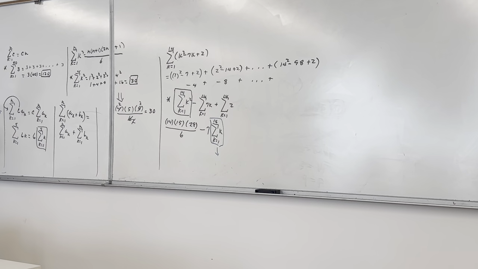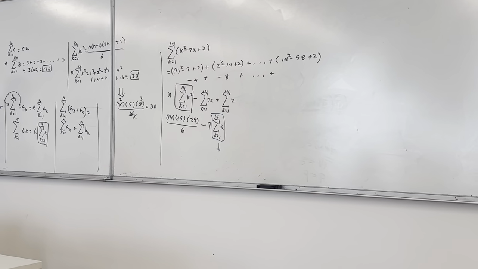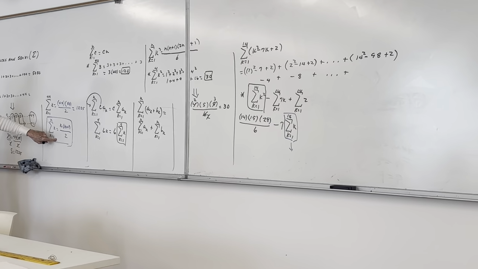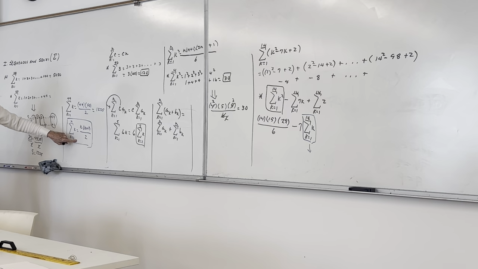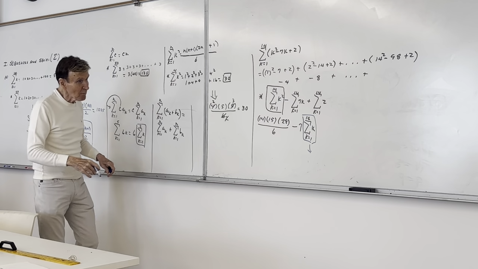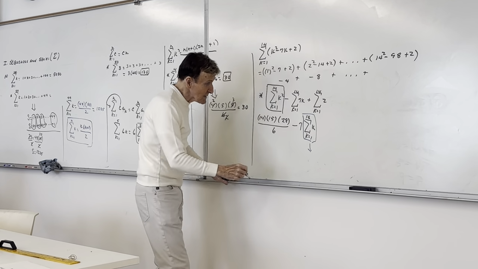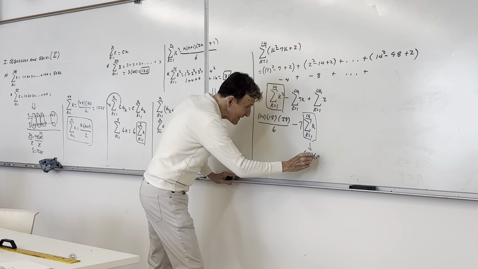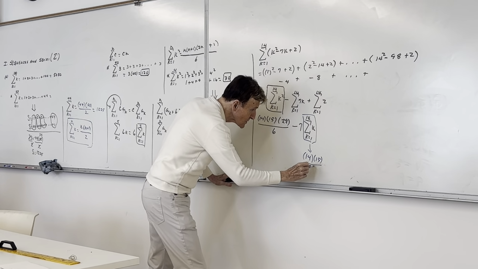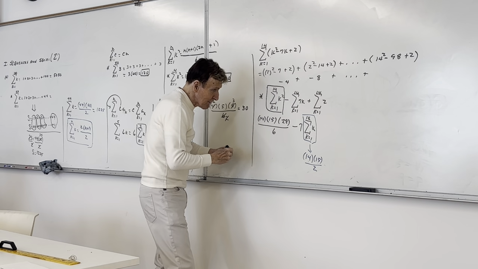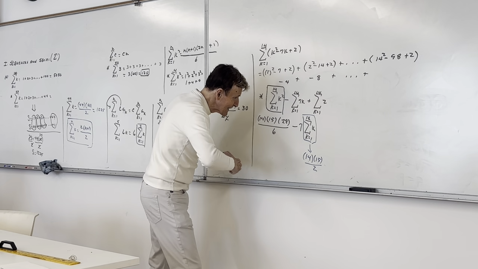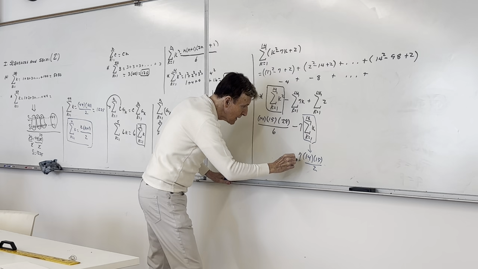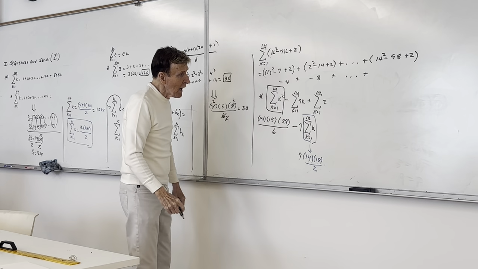Where on earth was it? Back here somewhere. This one. I can now apply this formula, which says n times n plus 1 over 2. These formulas are very critical here. So guys, in this case, that's n 14 times 15, n plus 1, all over 2. I gotta keep in mind I have a 7 out front of that.